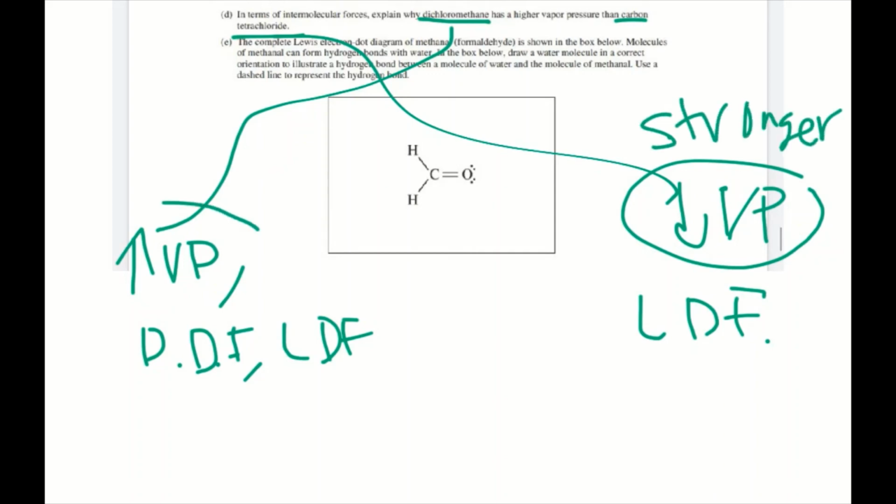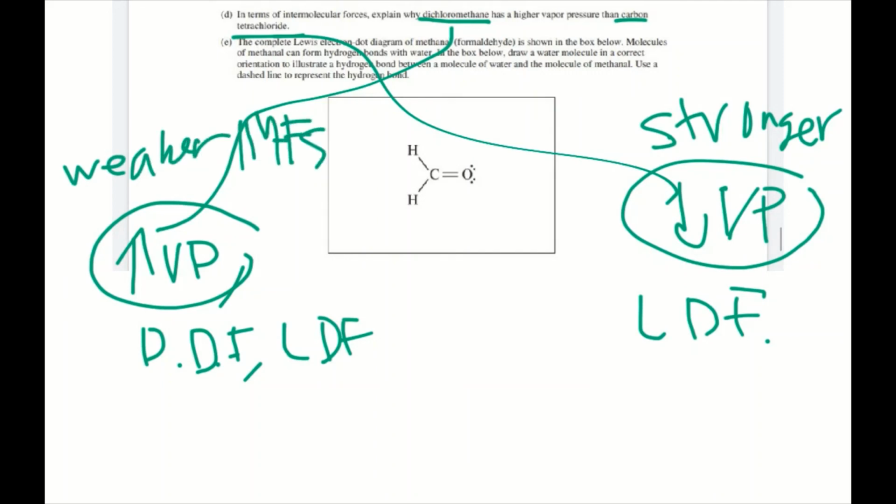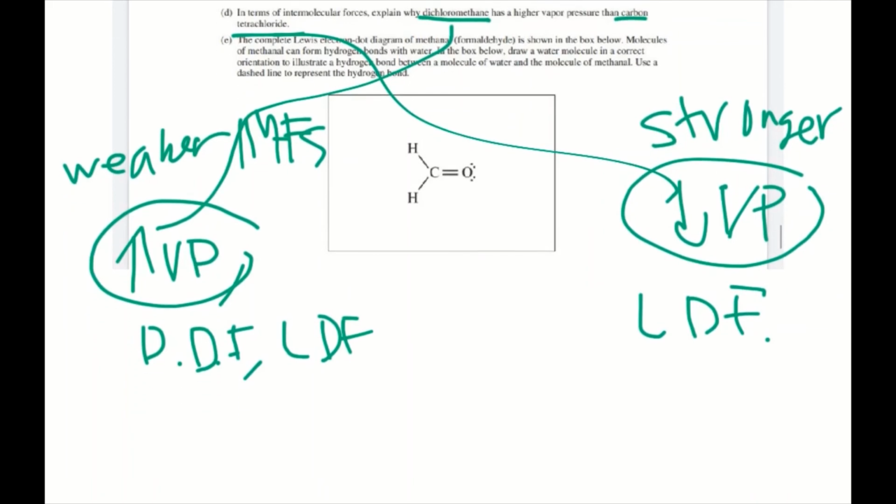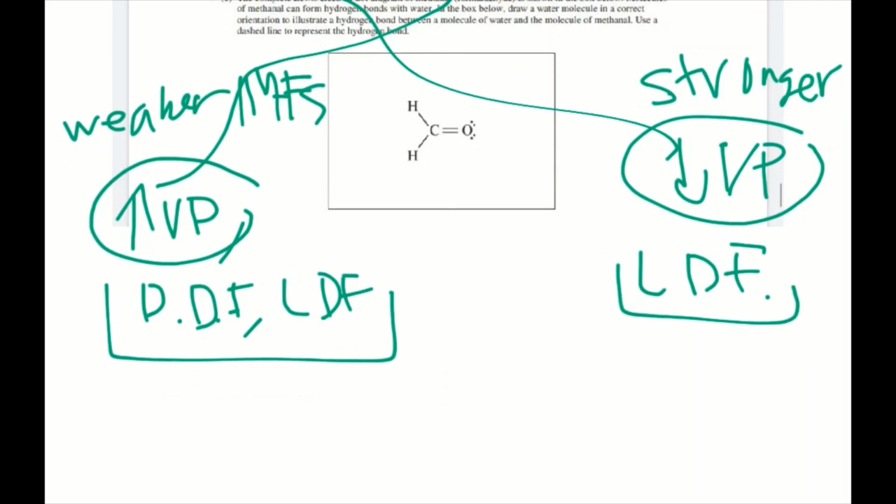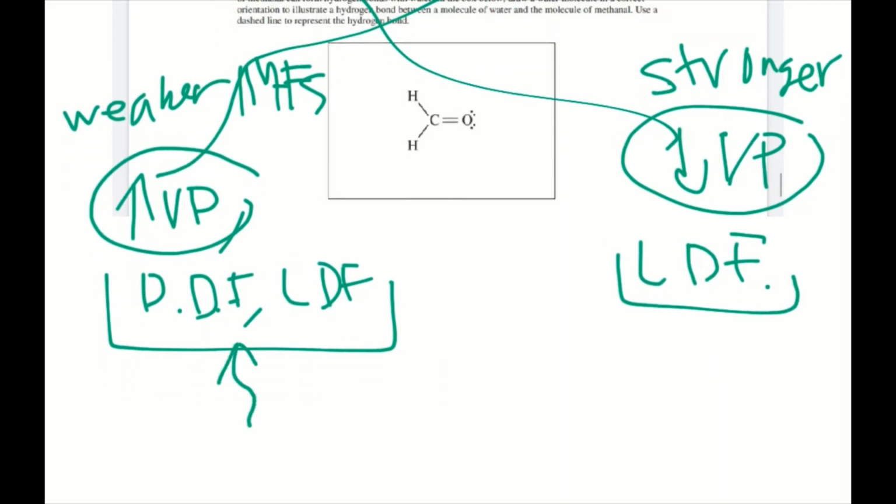And since the vapor pressure is higher here, that means that dichloromethane must have weaker intermolecular forces. Now, at first you're like, wait a second, but dichloromethane has DDF and LDF, while CCl4 has only LDF. So how can this substance have weaker intermolecular forces?